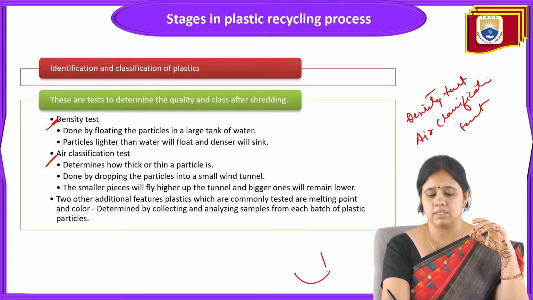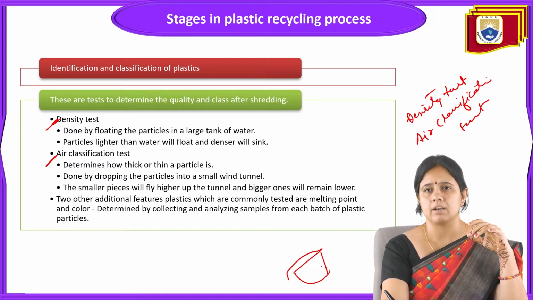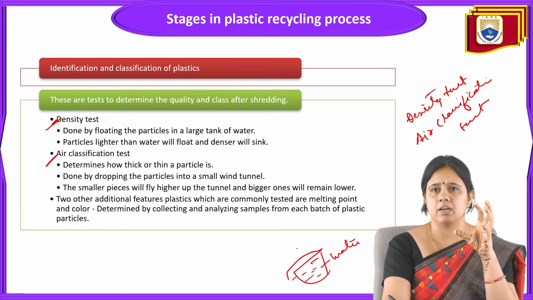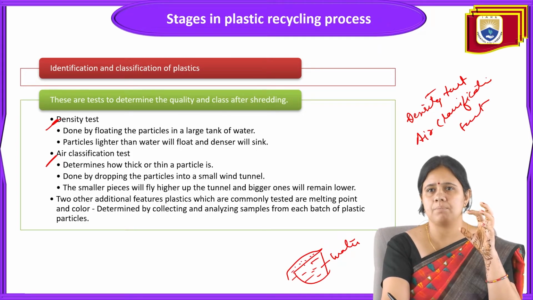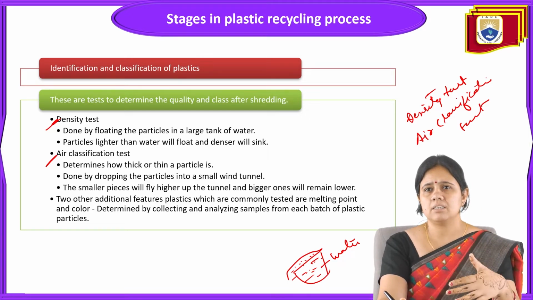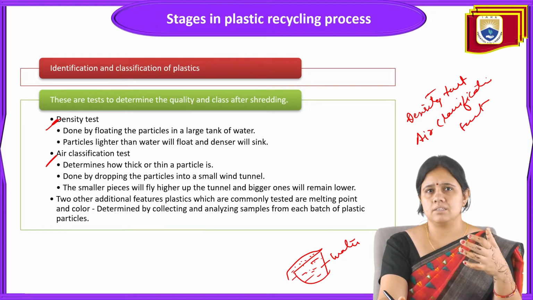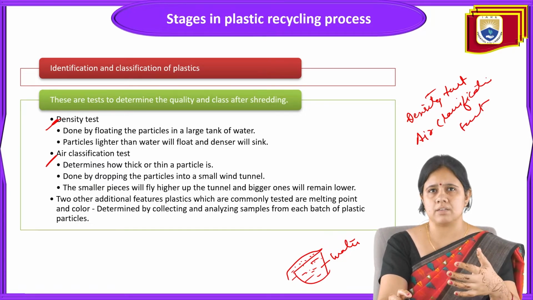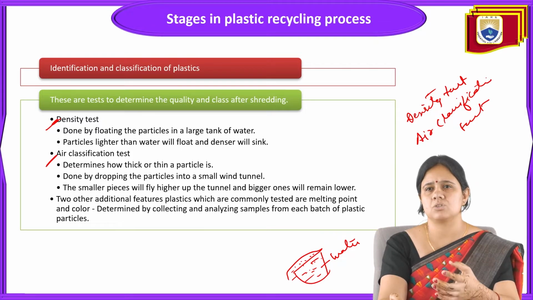The shredded plastic particles are put into the tank. On the basis of density, obviously the lighter particles will float on the surface of the water, and in this way identification and classification of plastic is done.